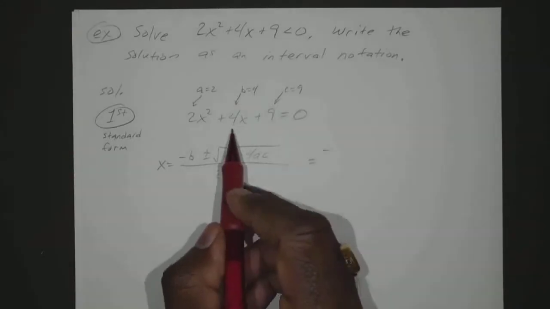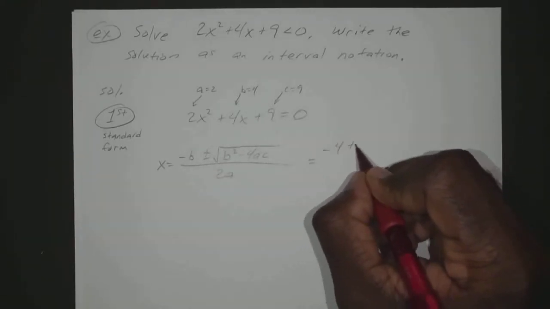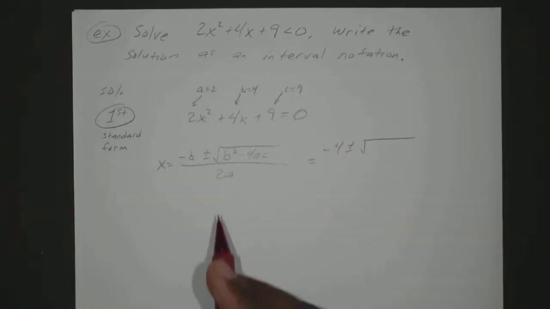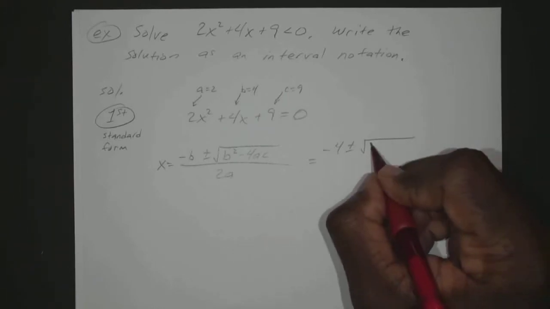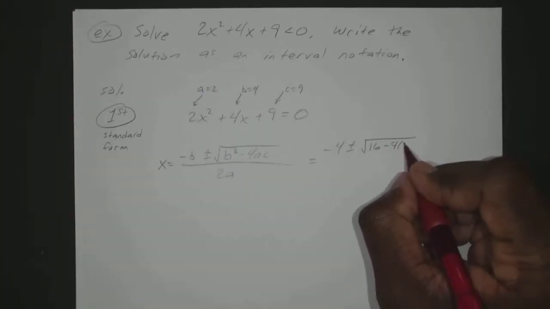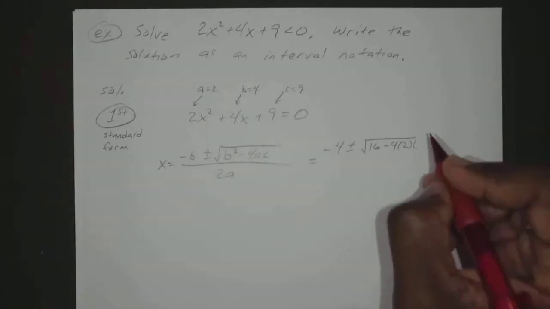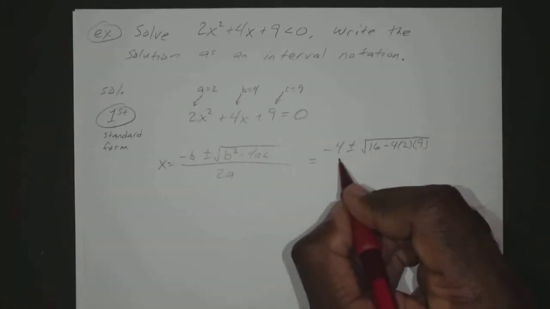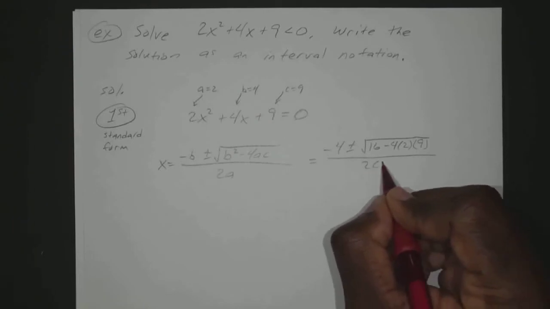So that's negative 4 plus or minus the square root of 4 squared, which is 16, minus 4 times 2 times 9, all over 2 times 2.